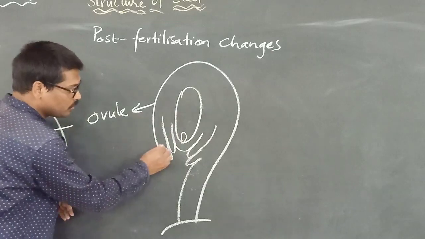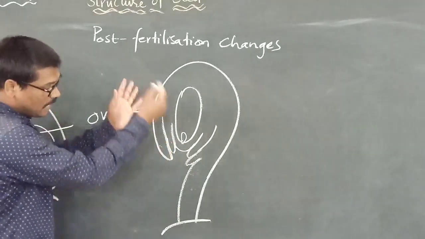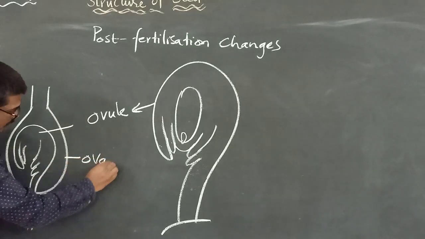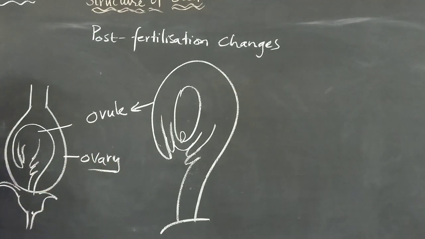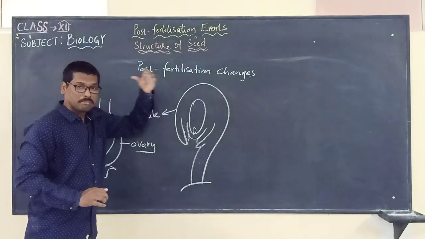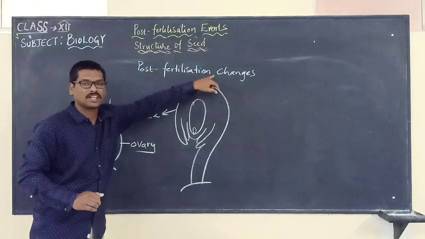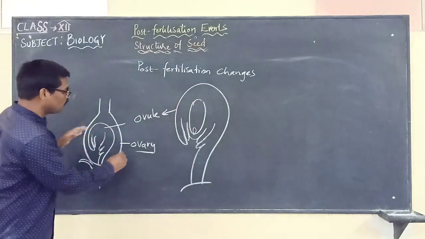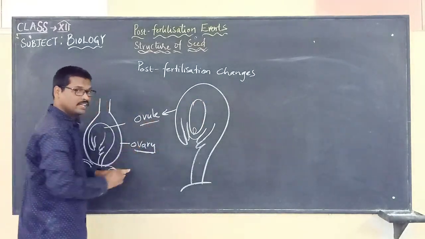And what is happening to the integuments? What is happening to the ovule? What is happening to the ovary? We are going to see all those changes in the next class, and we have to keep this diagram in our mind when we talk about the post-fertilization changes that will take place in the ovule and in the ovary.